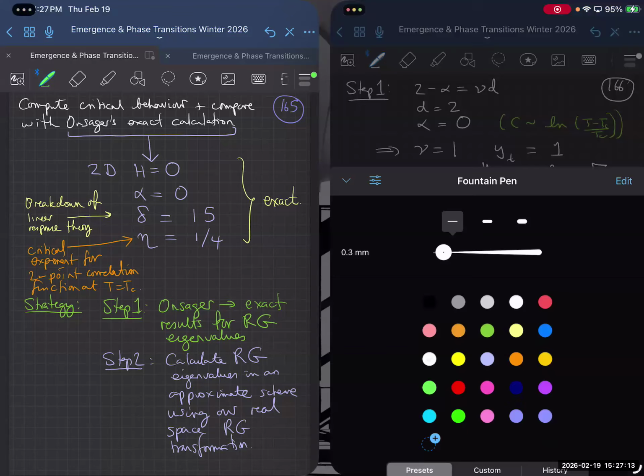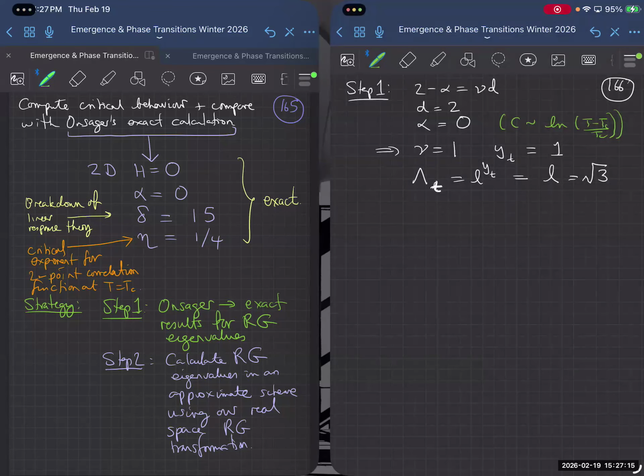Okay, so that's yt, but we know there's another eigenvalue, which is lambda h. To get lambda h, I'm going to use another scaling relation, which I derived a couple of lectures ago, and that was this one. 2d minus yh is equal to d minus 2 plus eta. I derived that because I showed you how to do the coarse graining for the correlation function at Tc.